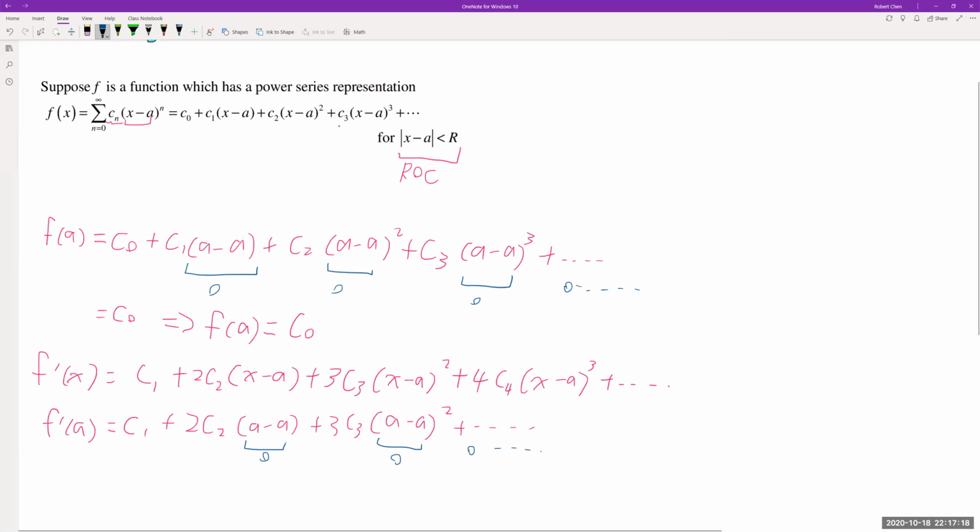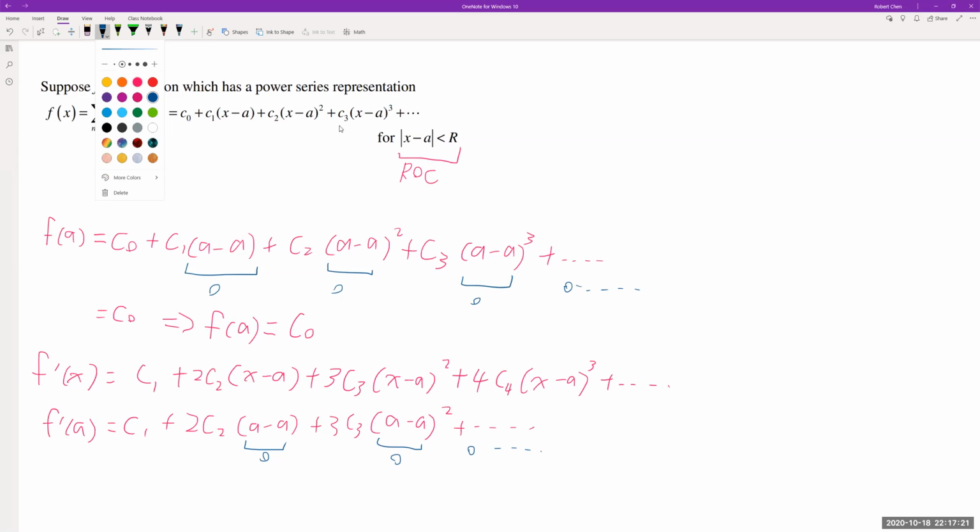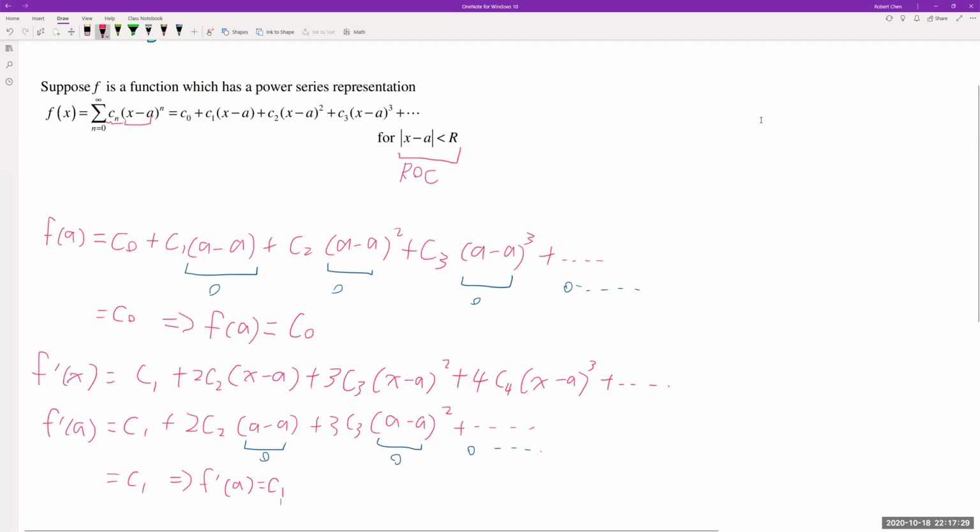So what we have is equal to c1. What we can say here is f prime of a is equal to c1. And we do see some pattern here. With the zeroth derivative, we plug in a, and it's equal to c0. First derivative, we get c1. What do you think the second derivative is going to be? Let's take a look at that.